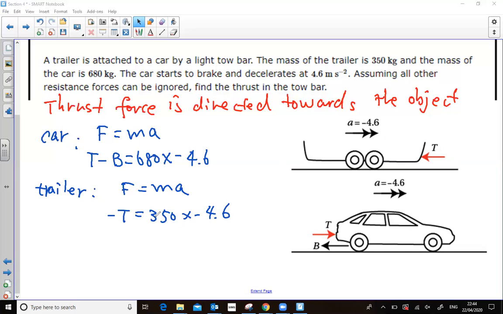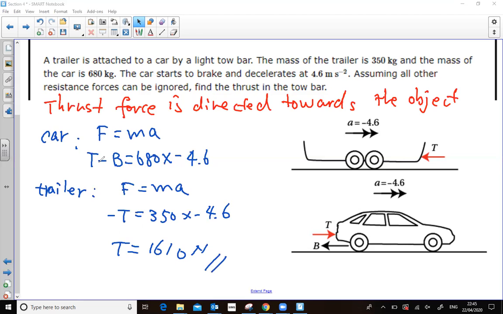Now, if you look at the two equations, because the question is only asking for the thrust, we don't need to worry about the braking force. From the second equation, we can straight away work out the thrust. So T equals 1,610 Newtons.